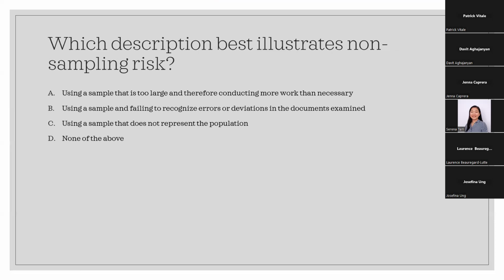Okay, which description best illustrates non-sampling risk? A, using a sample that is too large and therefore conducting more work than necessary. B, using a sample and failing to recognize errors or deviations in the documents examined. C, using a sample that does not represent the population, or D, none of the above. What are we thinking here?